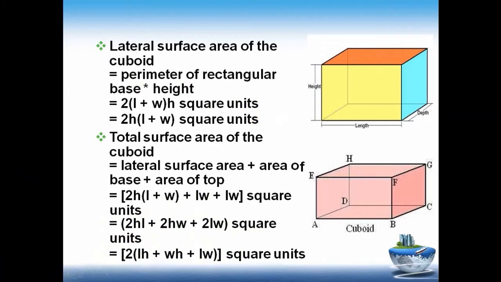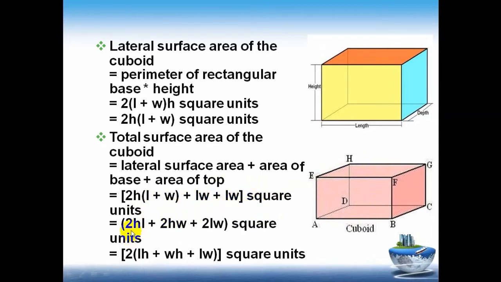So dear students, this is a cuboid, a geometrical 3D shape. Let us find the lateral surface area and the total surface area of the cuboid. The lateral surface area of the cuboid means the perimeter of the rectangular base multiplied by height, and the perimeter of the rectangle is equal to 2(l + w) times h square units, which we can write as 2h(l + w) square units. The total surface area of the cuboid is the lateral surface area plus the area of the base plus the area of the top, which is 2h(l + w) + lw + lw square units.